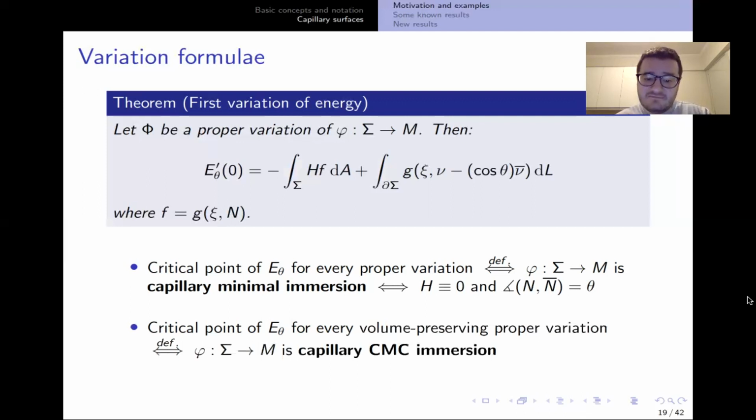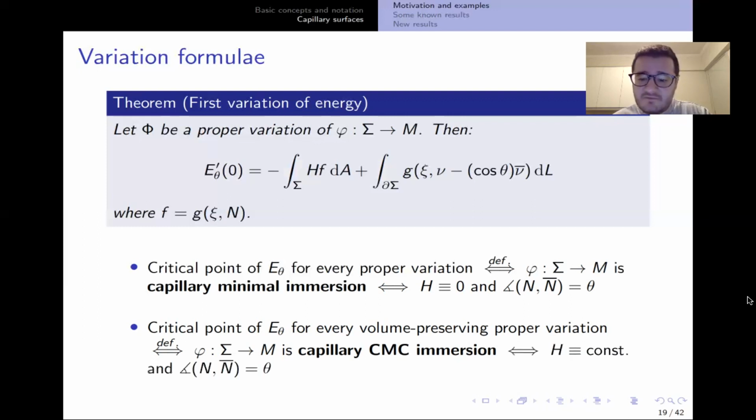Similarly, if we only require critical points for E theta for every volume preserving proper variation, then we have the notion of a capillary CMC immersion.